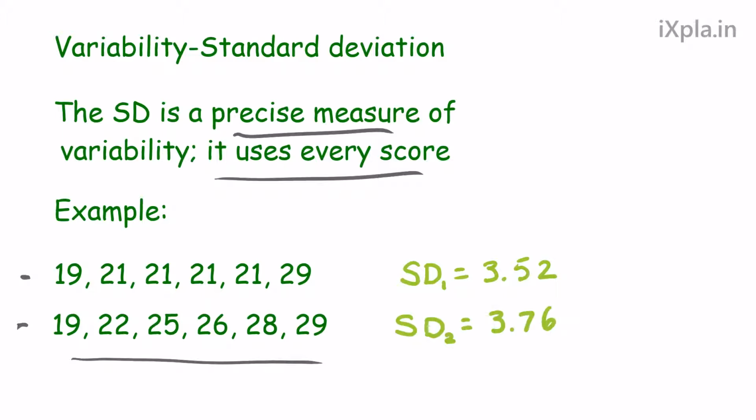And that is what we get when we compute the standard deviation of the second set of numbers. It is slightly higher because there is more variability in the second data set than the first. Now, I'm going to show you how we actually compute the standard deviation, and we'll talk a little bit more about what it means from here on out.